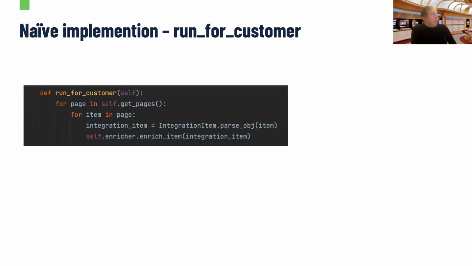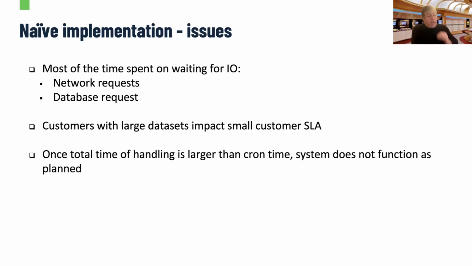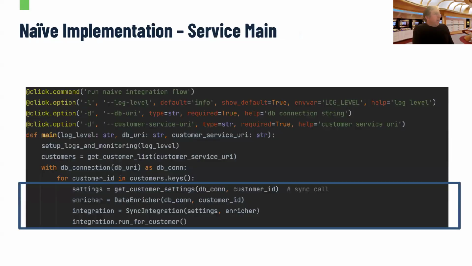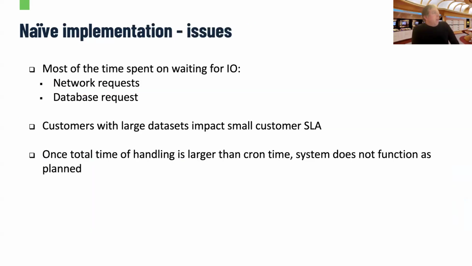So this is nice, but the problem is that when we look at this, this runs per customer. So that means that until one customer is done, the next customer doesn't start. Okay, so if we have small customers and large customers, then we have a problem that small customers are impacted by the size of larger customers, right?